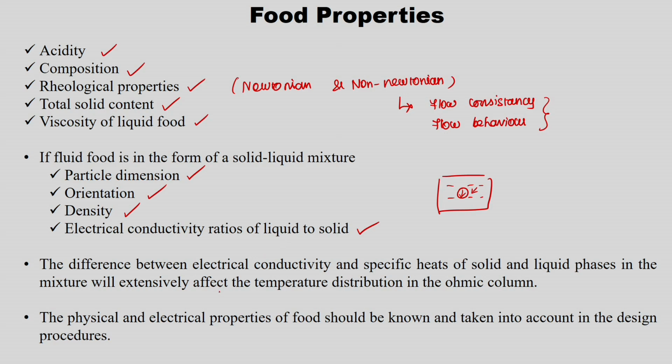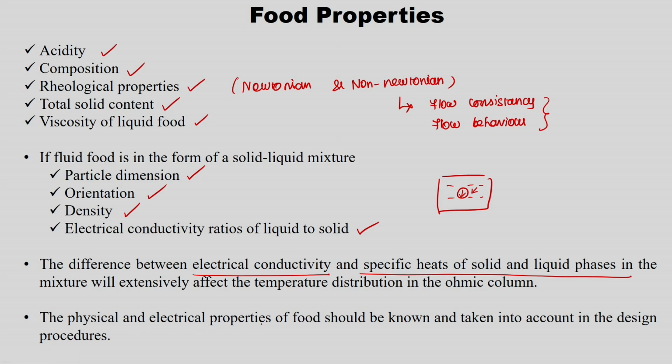The difference between the electrical conductivity and specific heats of the solid and liquid phases in the mixture will extensively affect the temperature distribution in the ohmic heating column. This we have seen in the previous slide itself, how it affects the ohmic heating.